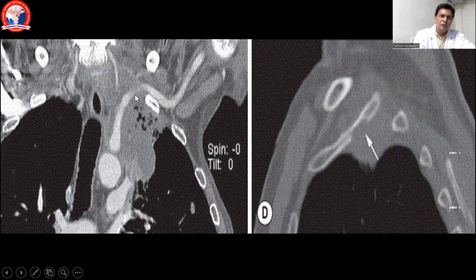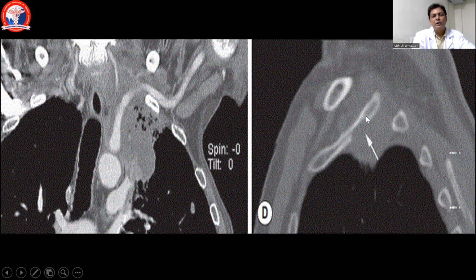The amount of contrast has decreased because of a stricture kind of thing here, because of invasion. So less contrast is seen in this particular region in the subclavian artery.